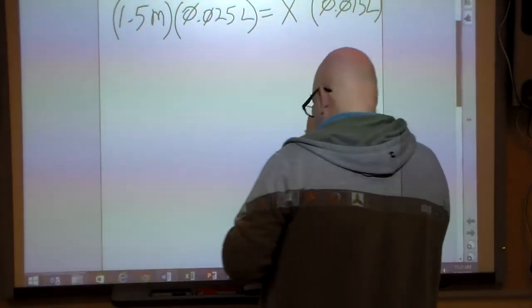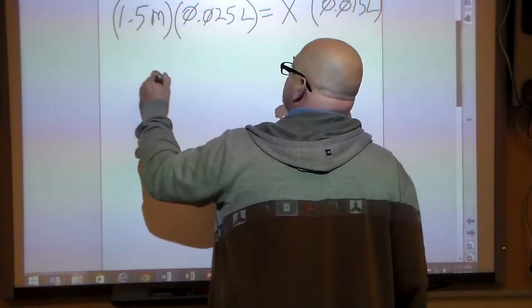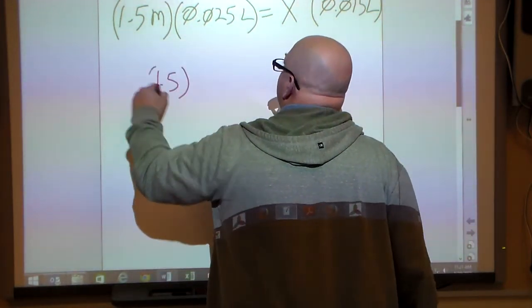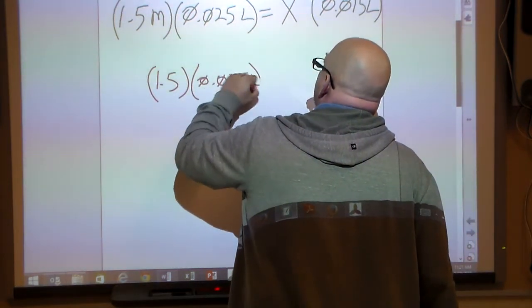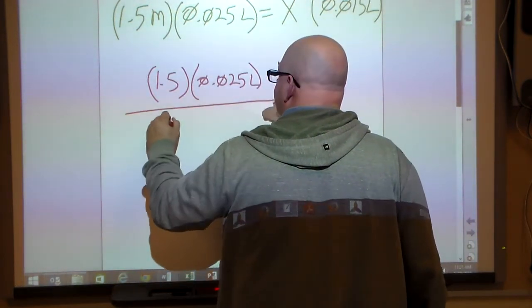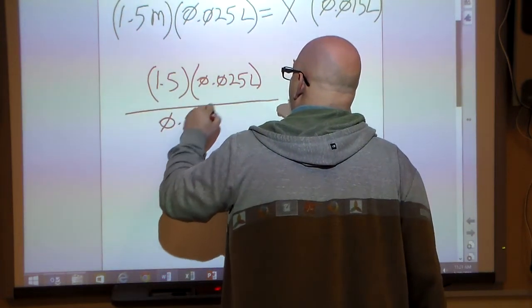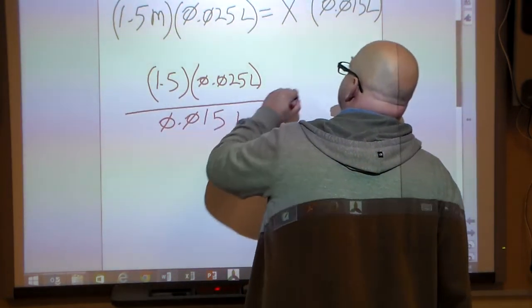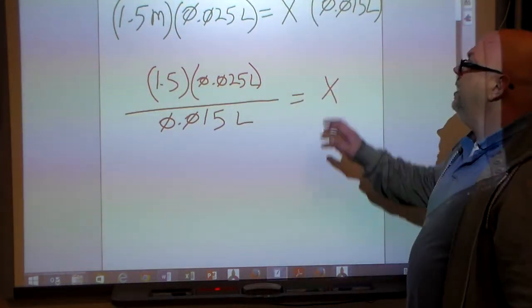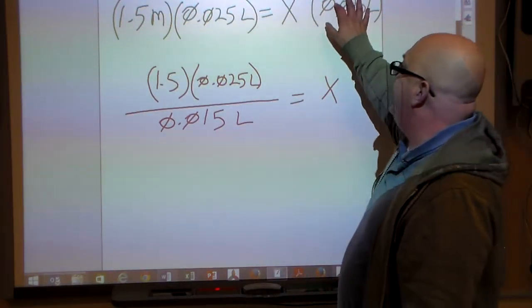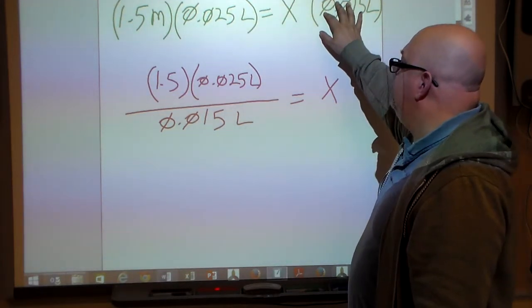So let's go with the next step here. 1.5 multiplied by 0.025 liters, divided by 0.015 liters, is equal to X. Notice I cannot ignore this 0.015.